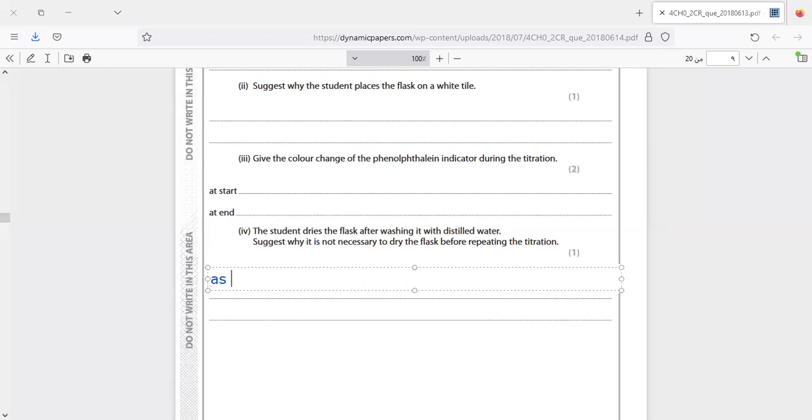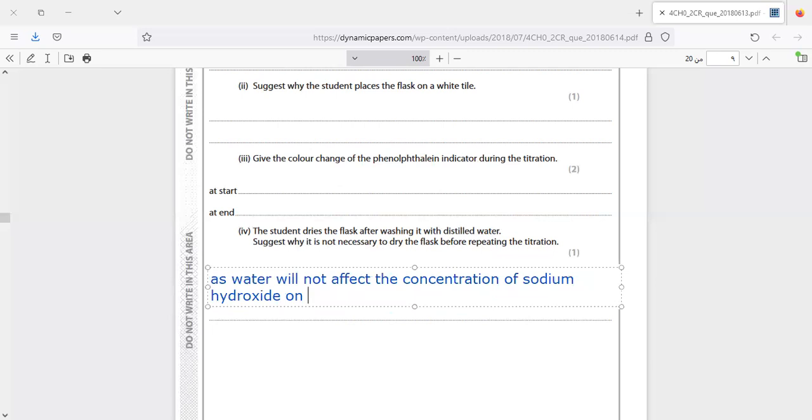As water will not affect the concentration of sodium hydroxide in the flask. You can say any word about that.